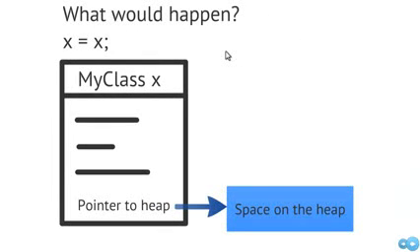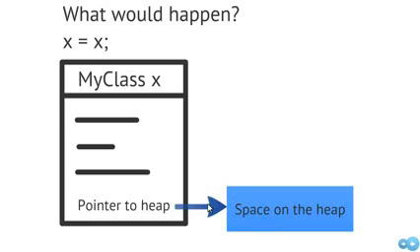Let's take a look at something we should consider whenever we write an overloaded assignment operator. What would happen if we were to do self-assignment, where we had X assigned to X, and X was of type my class? X could have a lot of data members, or maybe just a few, but if one of those data members was a pointer capable of referencing heap space, we'd have to be very careful.